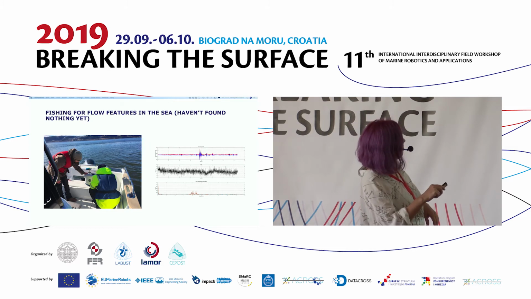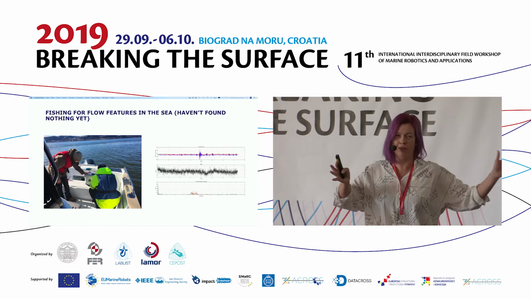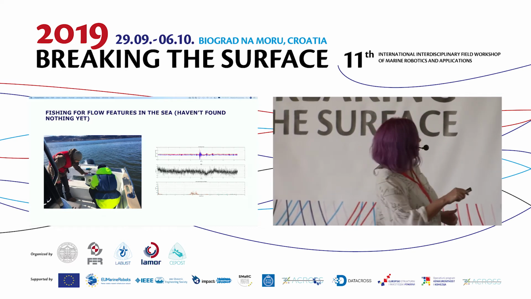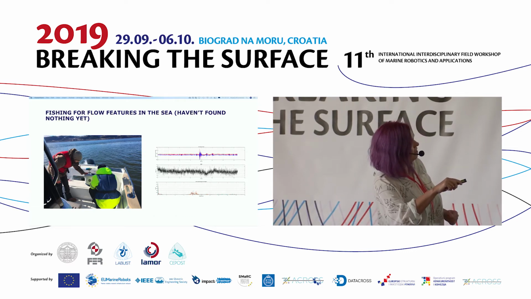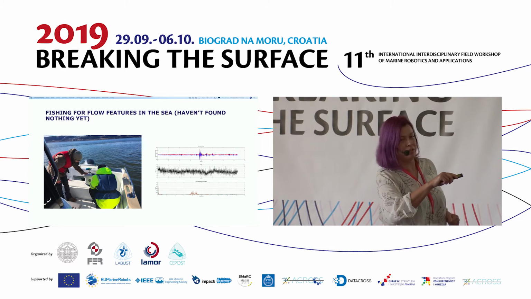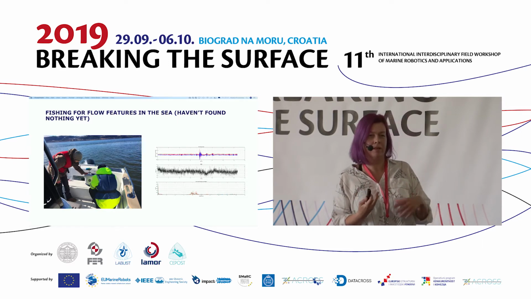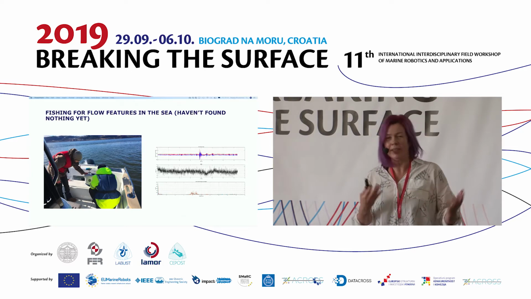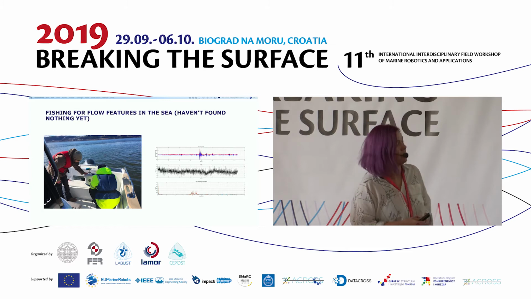Here, I don't know whether you can see, there is a line which probably is like a front where a river plume comes out and then mixes with the ocean water, and you could see the line here. And if you drive back and forth through these lines, then you get these interesting fluctuations every now and then. I'm not really sure what they mean, because it's very preliminary, just an example, what it could be. But definitely there is something in the water that could be a salient feature in this case.